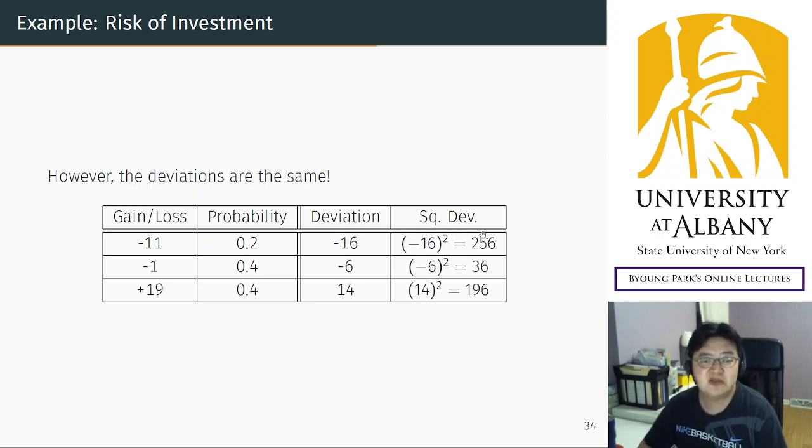And the squared deviations are simply squaring those deviations, right? So you get squared deviations. Also I have not used the probability, but the probabilities are now the probabilities for these squared deviations as a transformed random variable.